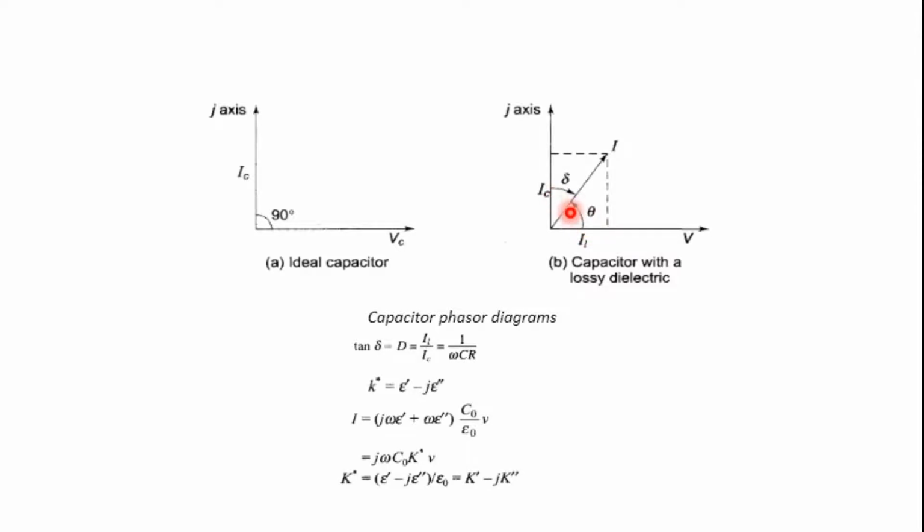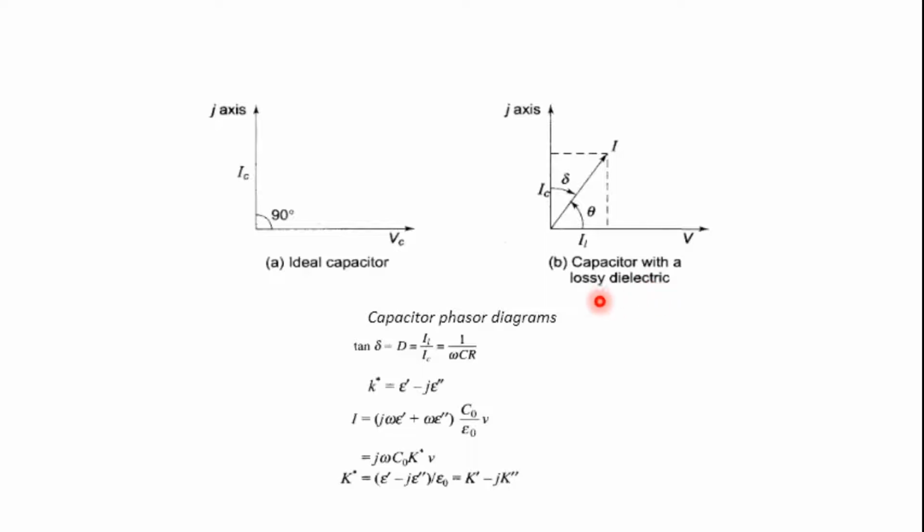This is the total angle. The loss angle delta is equal to 90 minus theta. The phasor diagram is shown for the ideal capacitor with the lossy dielectric.